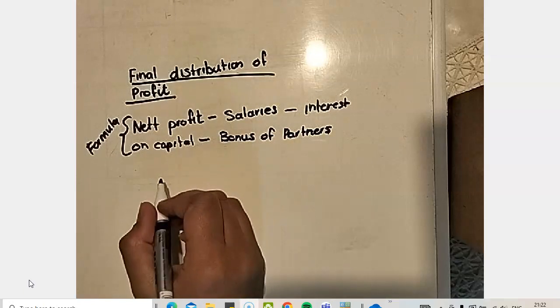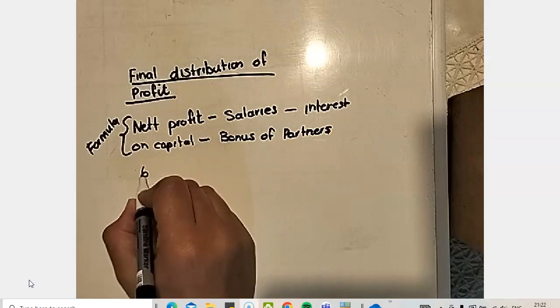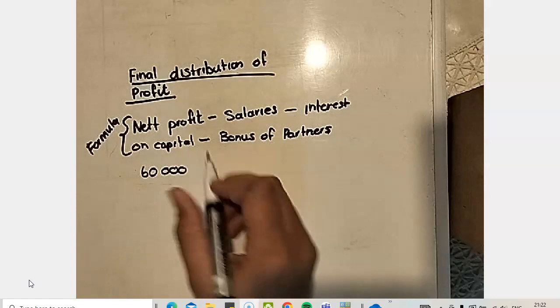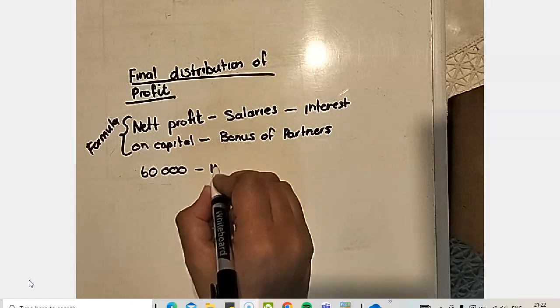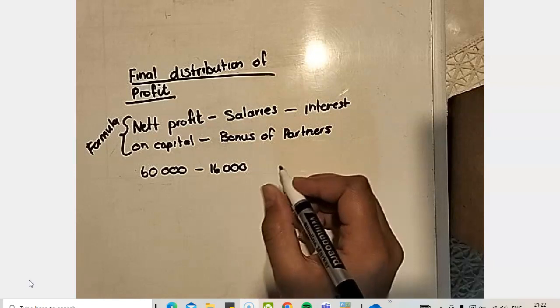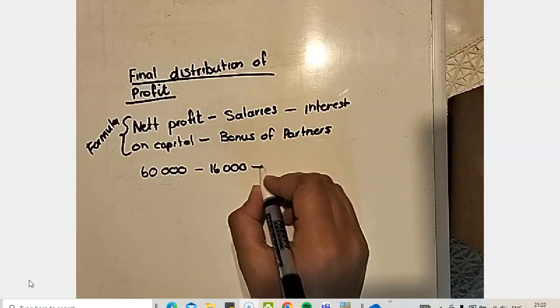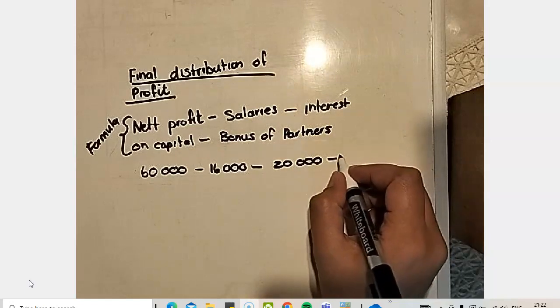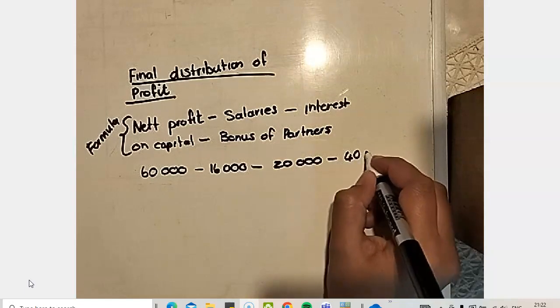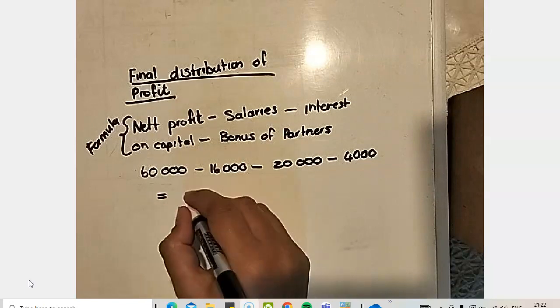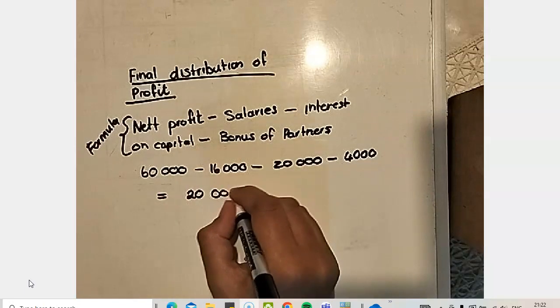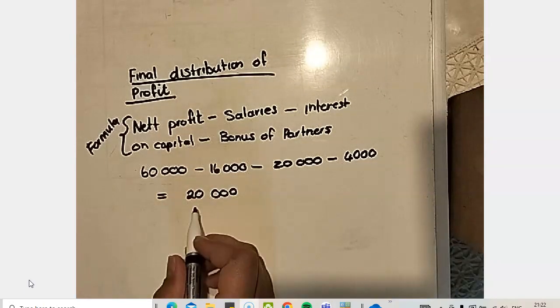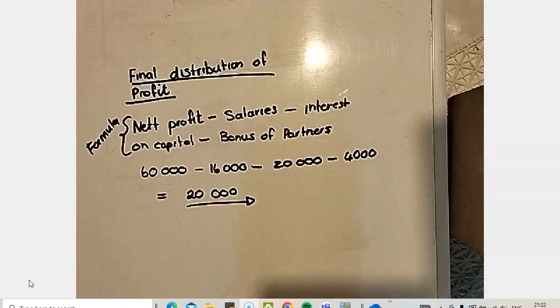So if we look at the appropriation account, your net profit was 60,000 minus your interest on capital, that was 16,000, minus your salaries of partners of 20,000, minus your partner's bonuses of 4,000. That will equal a total of 20,000. That will be your final distribution of profits between the partners.